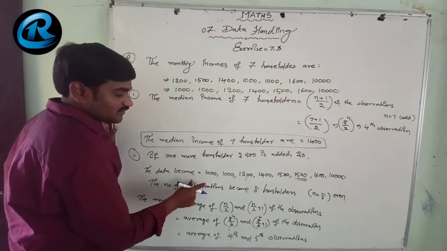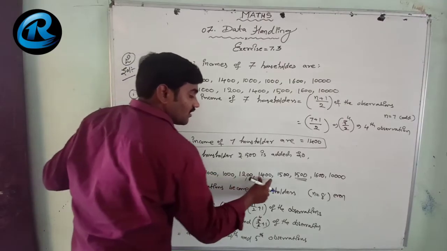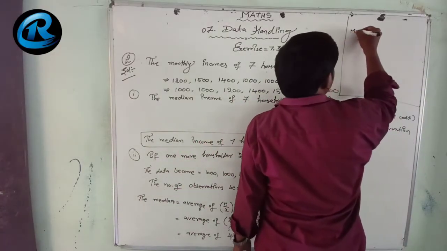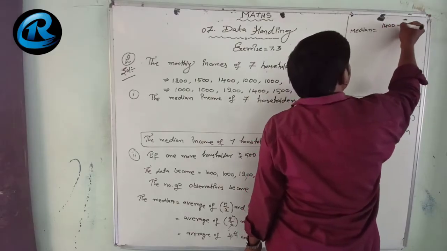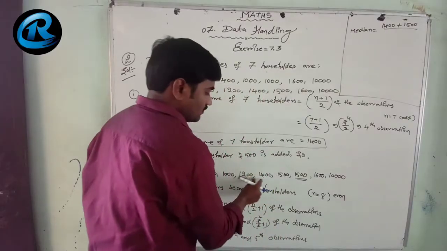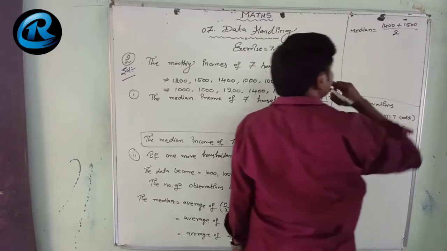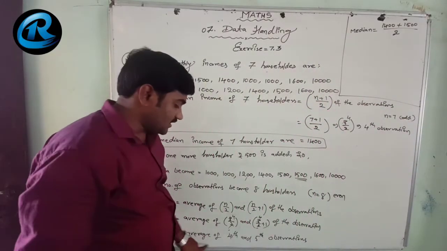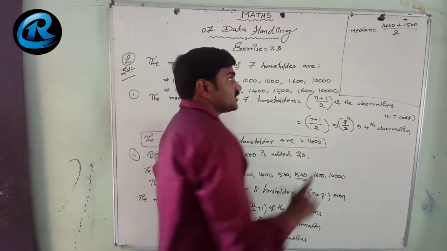The fourth and fifth observation of the data, average of fourth and fifth. This is the first observation, second, third, fourth and fifth. Median equal to the average of 1400 plus 1500. Why? 1400 is the fourth observation and 1500 is the fifth observation. The sum of these observations by the number of observations, that is 2.